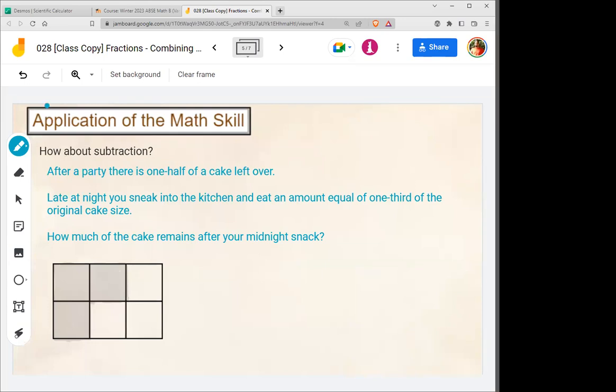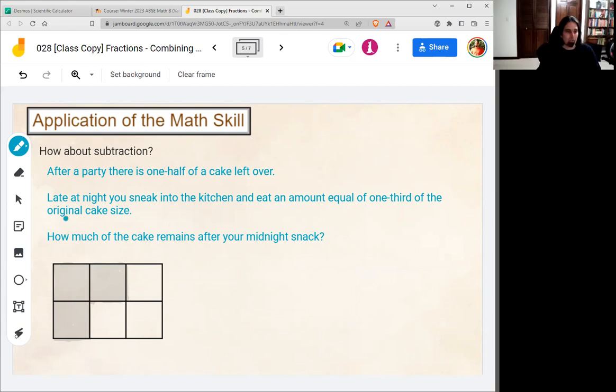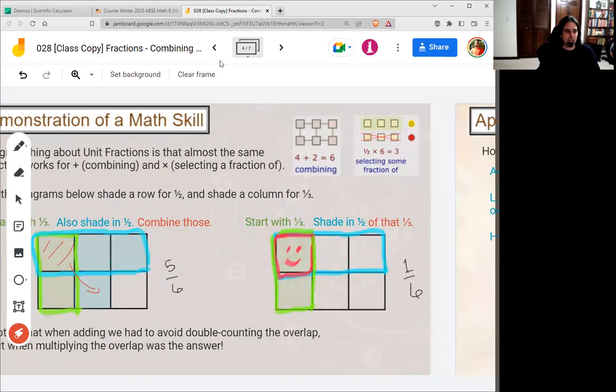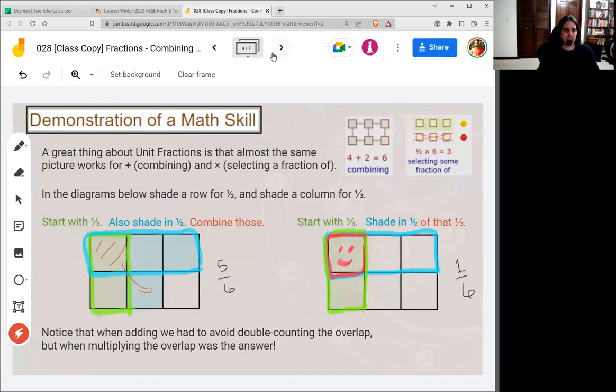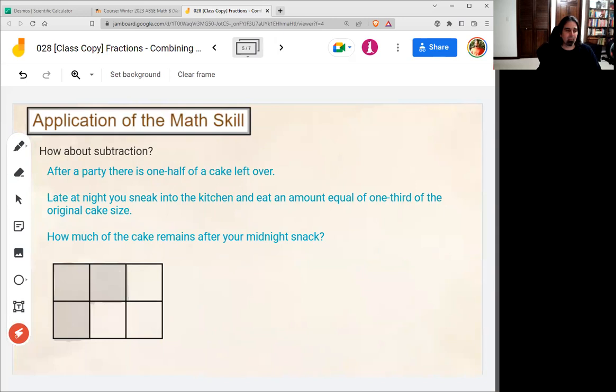So are you cutting one of the squares into thirds? I want to cut the whole original cake into thirds, not just the leftover amount. So we've seen that a lot, thirds. How do I shade a third of the original cake?